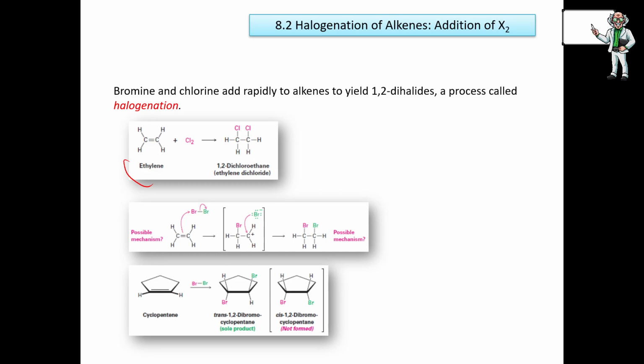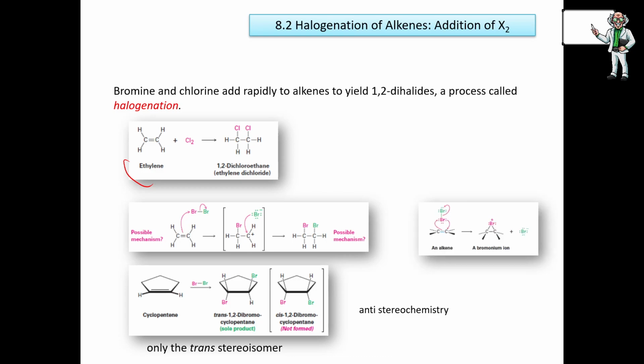In any case, we will not see the cis-1,2-dibromocyclopentane. If the mechanism is what I wrote before, obviously it doesn't make any sense, because once we have the carbocation, we can have the attack of the bromide from up or from down. That means that we will generate the trans and the cis. If we only generate the trans, it means that the mechanism is probably different from what we saw.